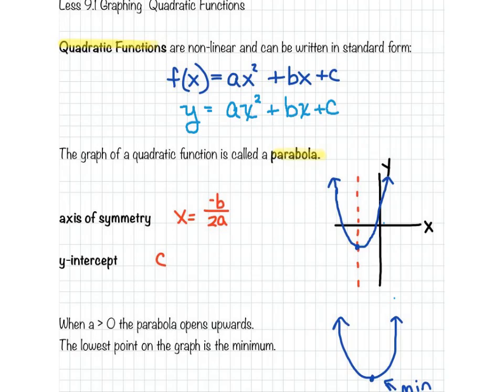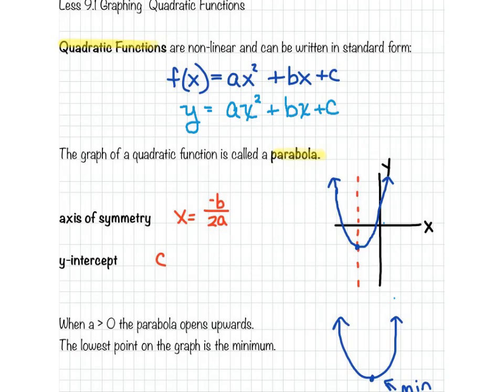So you can find the axis of symmetry by following this equation: x equals negative b over 2a. So we can find where that axis of symmetry is on a parabola by plugging in b and a into that equation, x equals negative b over 2a, and that'll tell us where that axis of symmetry is.